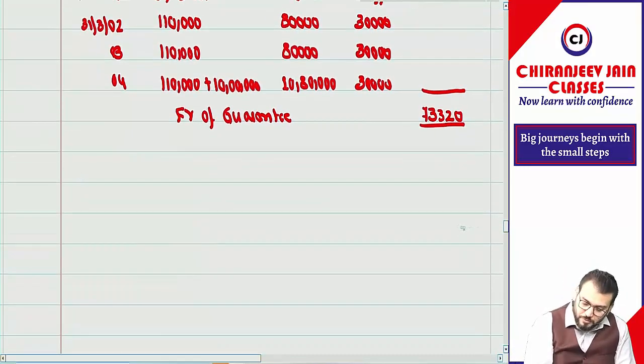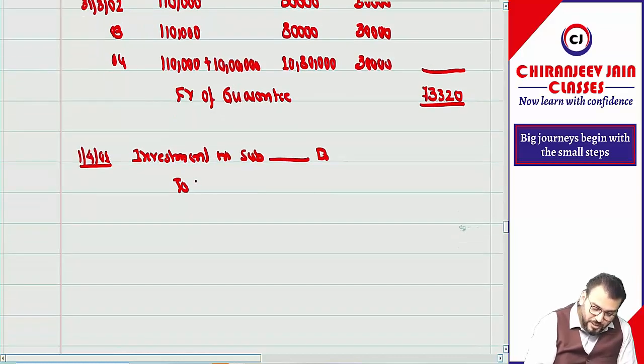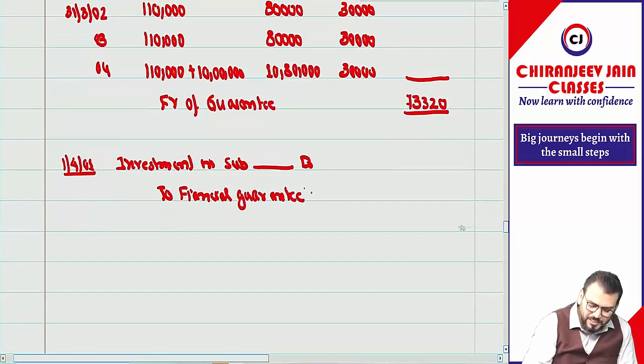Therefore, what journal entry will we do on 1/4/2001? Investment in subsidiary account debit, to financial guarantee obligation or liability, whatever you want to write down, 73,320.